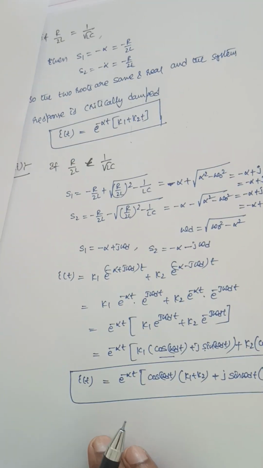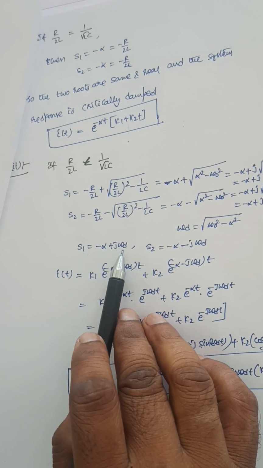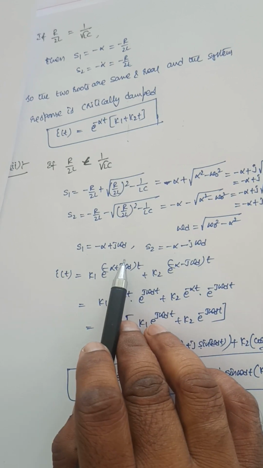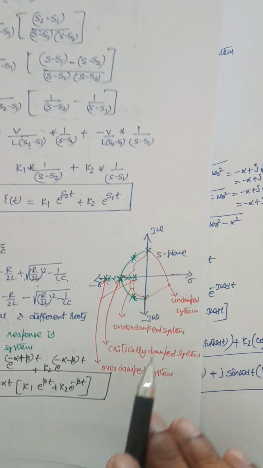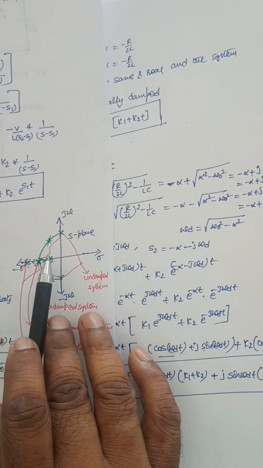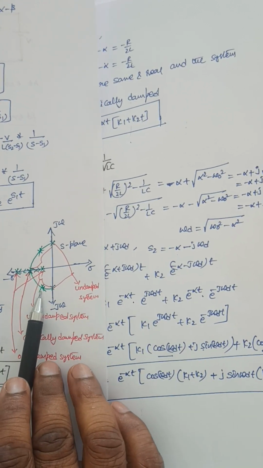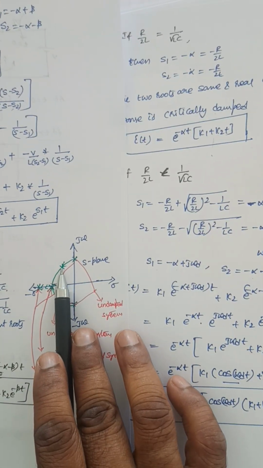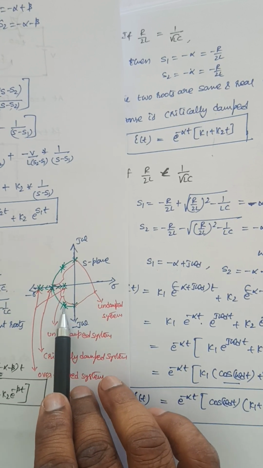Here, if you consider these two roots, S1 is minus alpha plus j omega d and S2 is minus alpha minus j omega d. These are complex conjugate roots, with minus alpha on the negative real axis, and the roots are minus alpha plus j omega d and minus alpha minus j omega d.